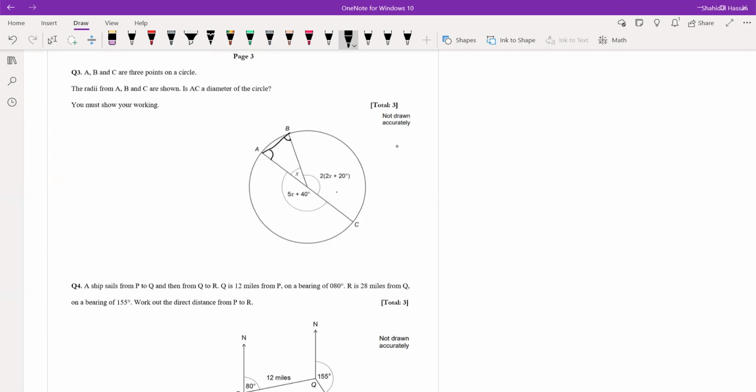If AC is the diameter, therefore this is the center, and let's say the center is equal to O. So we can say OA and OB are radius of the circle. Therefore, these two base angles should be equal. Can you follow me now, Tasmia?